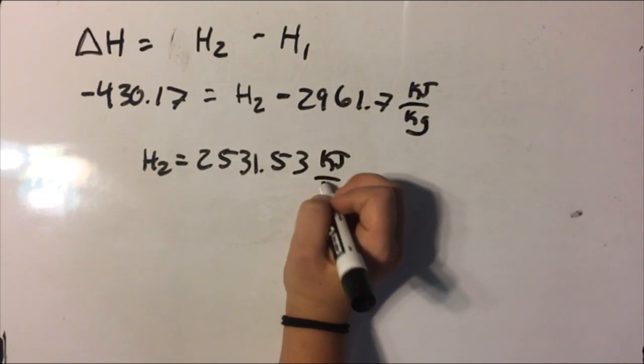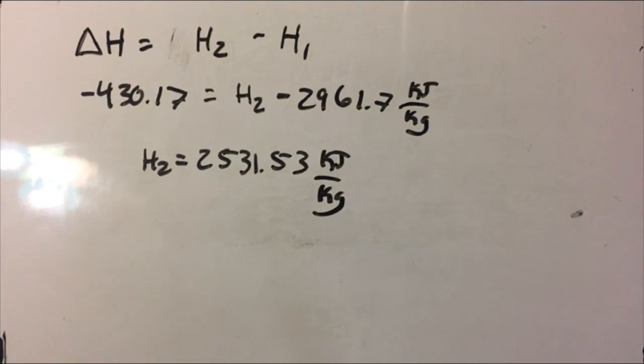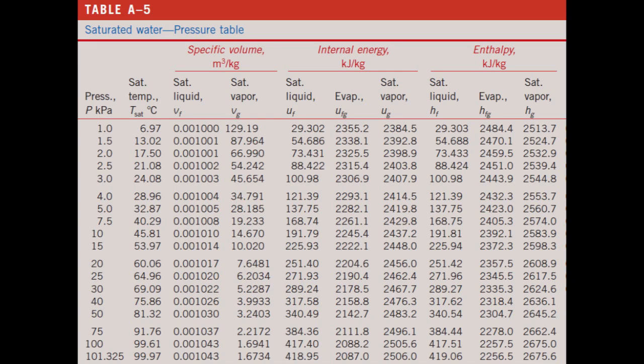So with our H2 value, we are again going to go back to the steam tables. We're going to go to a different steam table this time. This is saturated water, and we know that our pressure is the atmospheric pressure because we're told that the valve gets released into the atmosphere.